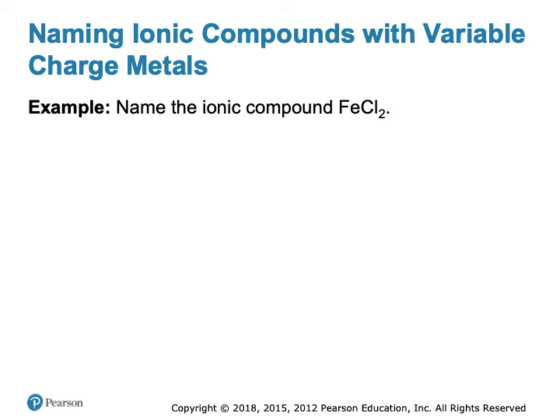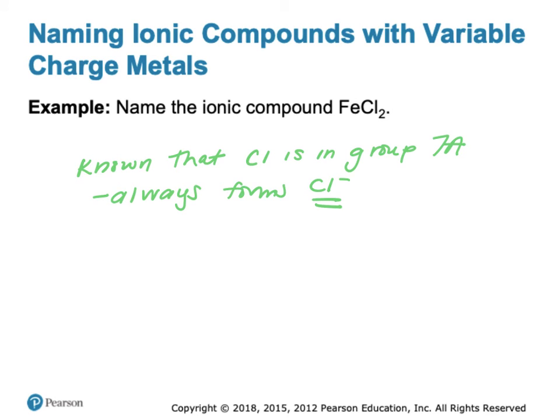Pause your video. We know chlorine is in group 7A and will always form the Cl- anion, so that's a -1. There are 2 of them, so we have a net -2. So the iron needs to be in the +2 state.